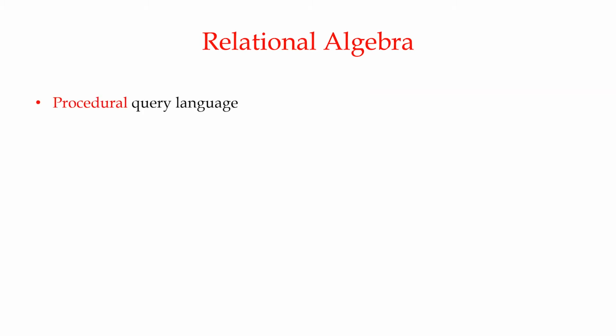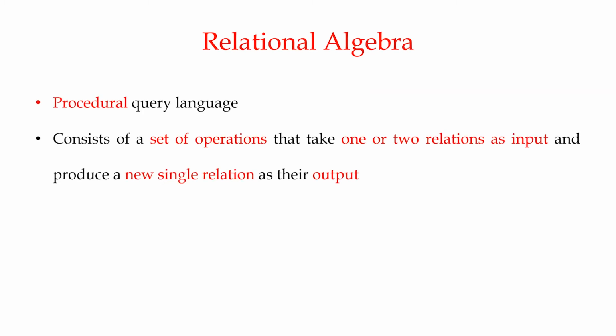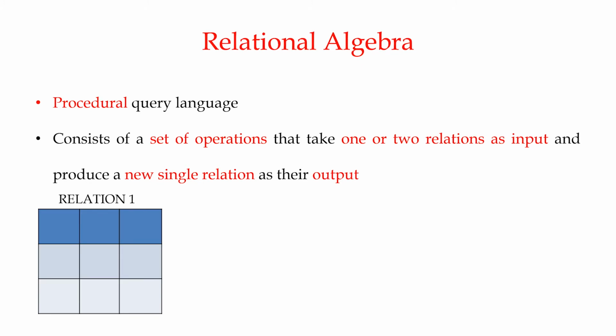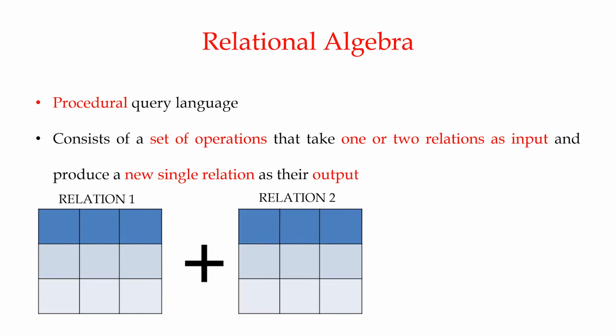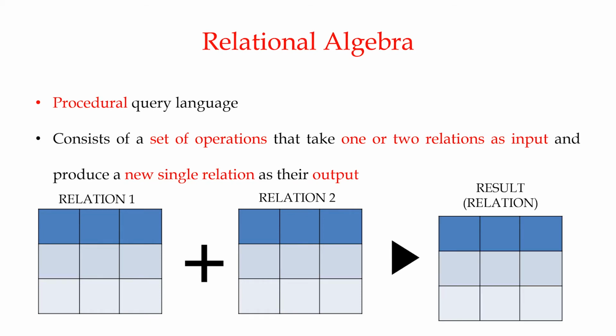So relational algebra is a procedural query language. It consists of a set of operations that take one or two relations as input and produce a new single relation as output.